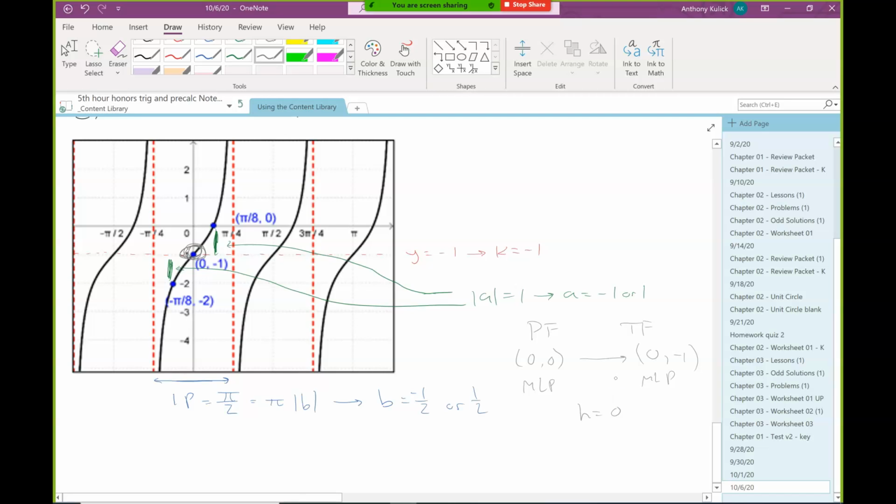Well, that's going to tell me immediately that h is 0, right? But I also need to determine the sign of a here. So remember, for the parent function for tangent, the graph kind of looked like this.